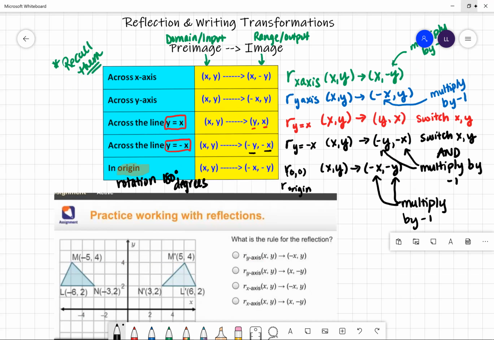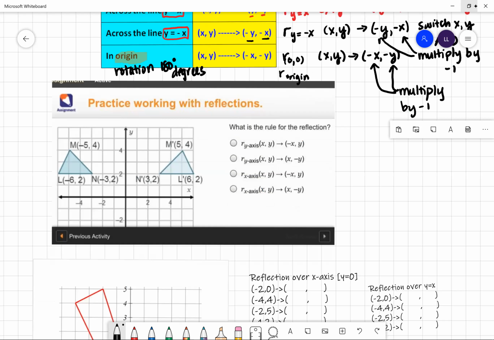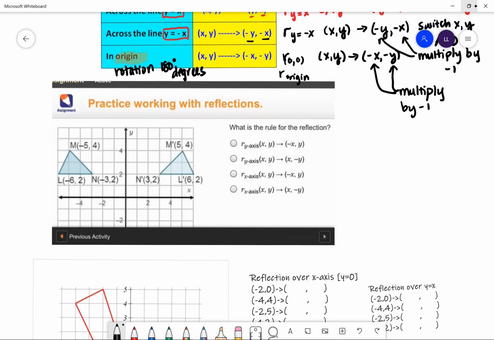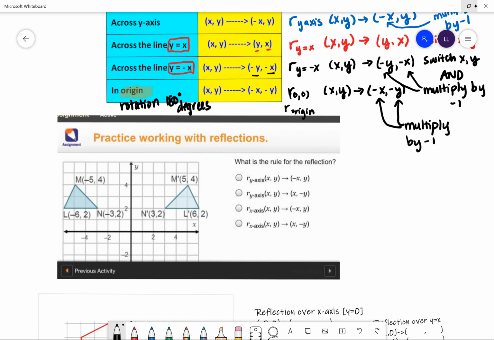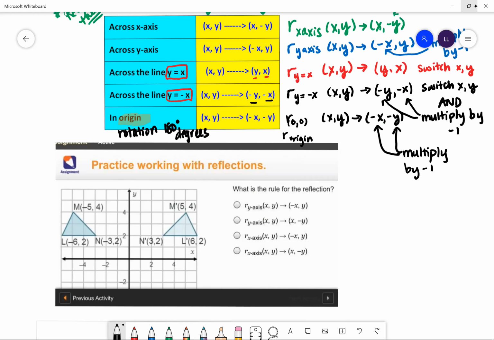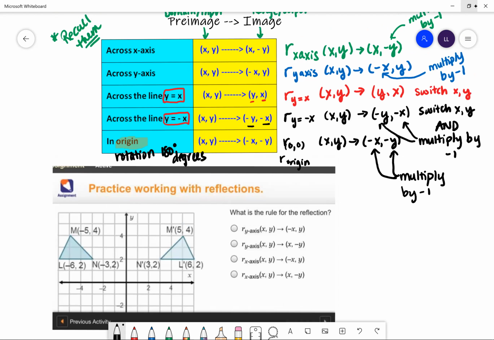So the first example, it says, what is the rule of the reflection? So like we did in previous videos, we can just look at the coordinates because we know what's supposed to happen, right? So I'm looking at M, and I'm going to look at M prime. M is -5, 4, and M prime is 5, 4.